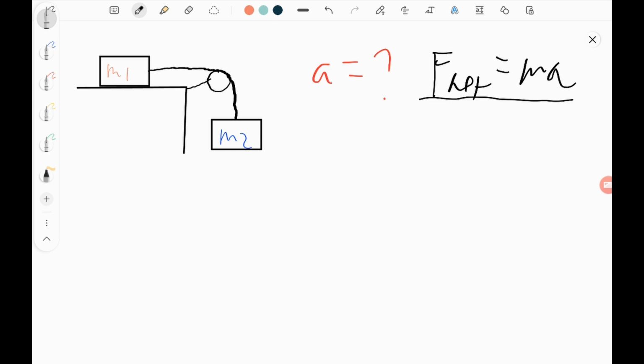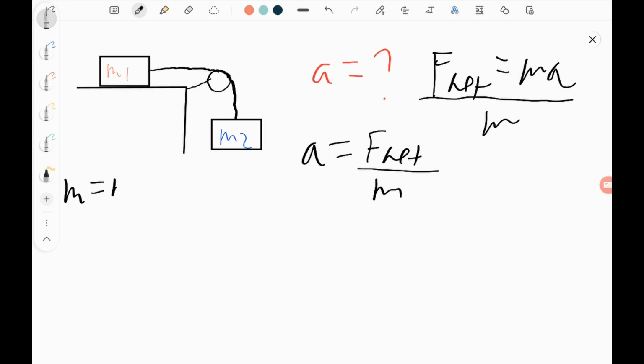So if we divide this by m, then we get that the acceleration must be equal to the net force divided by the mass. So in the case of these two blocks, we know that the total mass of the system must be equal to the sum of the masses of each block, which is just m1 plus m2.